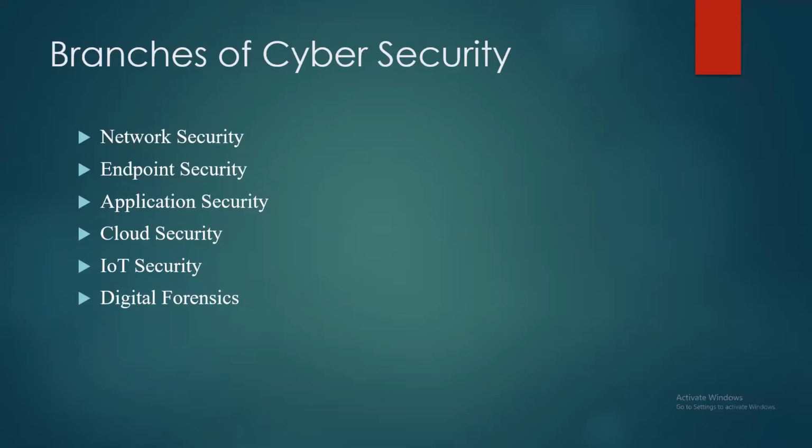Then you have got cloud security, which is more important now, because every other organization is moving to the cloud, and you need to understand how cloud really works, what are the components of cloud and everything else. Then you have your IoT security. IoT security is not that predominant, right?